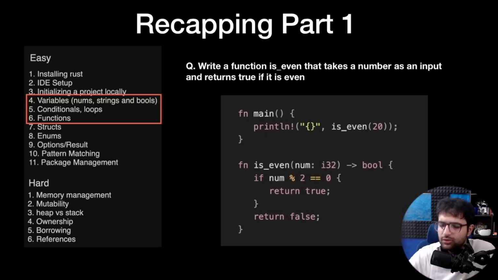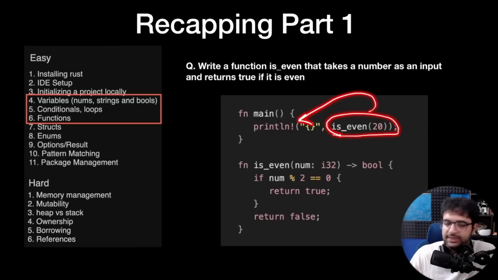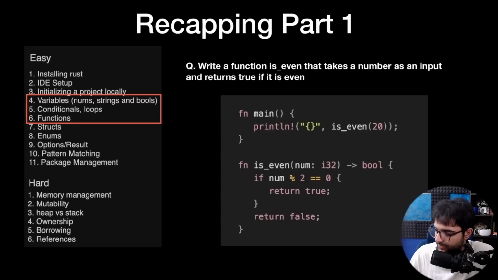Think of it very similar to a function. It says, please print a dynamic variable. That is what these curly braces over here mean. Print a dynamic variable, the value of which is this function call. is_even is a function that is defined here. Find the return value of that function and print it on the screen. That is what this specific assignment over here does.